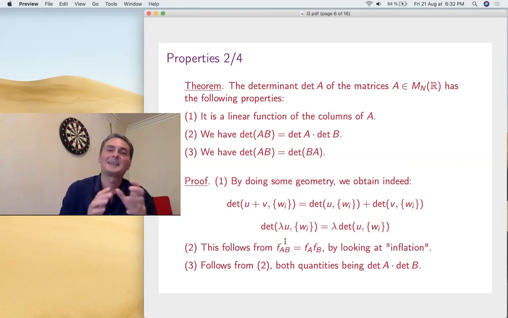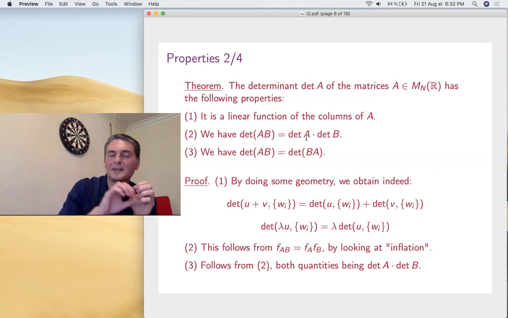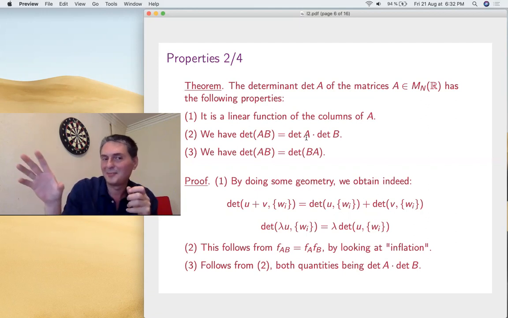So you see, we have f_AB is f_A f_B. That's something that we discussed last time. Now, if you look at the standard cube, it gets inflated by f_B and then by f_A, each time by the determinant, okay? So the inflation coefficient of f_AB is this product, det A, det B. But f_AB itself, you can say that it inflates by det AB, right?